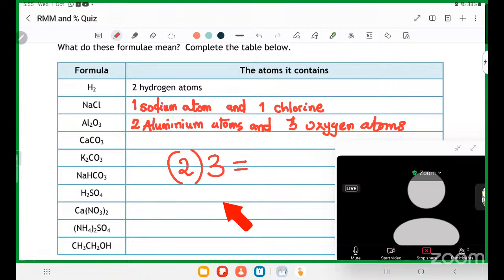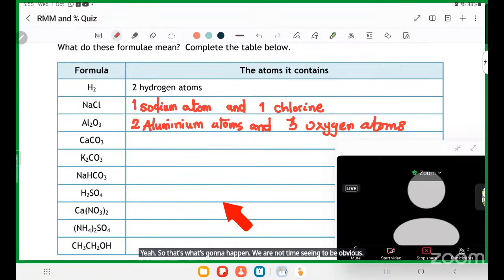Brackets mean what in mathematics? Yeah. So that's what's going to happen there. Anyhow, do it the way you get. Do it. Let me know when you are done. Yes, sir.